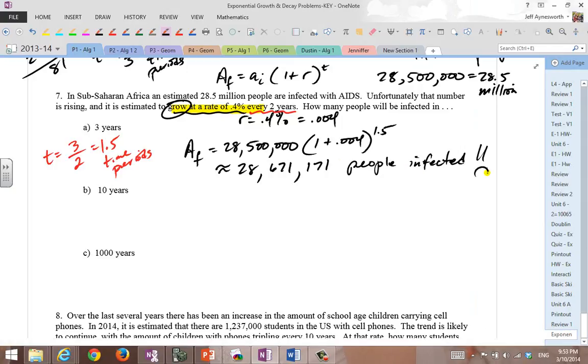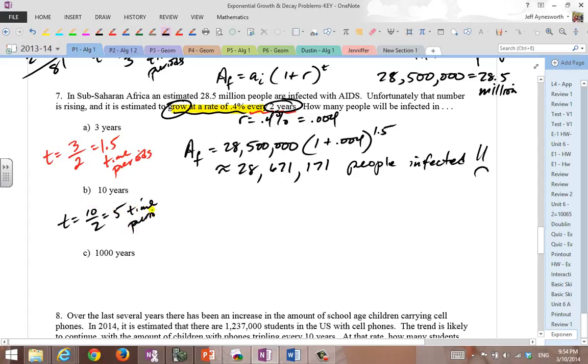Now, how many people in Africa are going to be infected after 10 years? Well, t is equal to 10 divided by 2, because again, every 2 years it does this. So how many time periods? After 10 total years, 10 divided by 2 would be 5 time periods, or intervals, right?